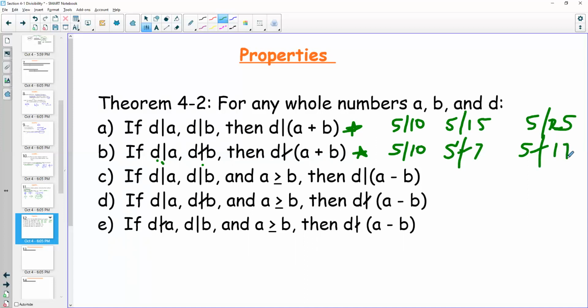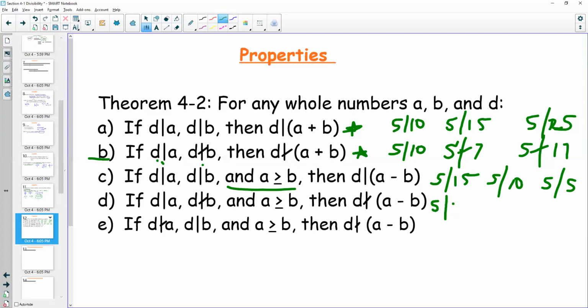If D divides A and D divides B, and A is greater than B, which is the extra caveat here, then it works in subtraction. So if 5 divides into 15 and 5 divides into 10, then 5 also divides into 5. I subtracted them. Just like in case B, if it didn't work for one of them, it won't work for their difference.